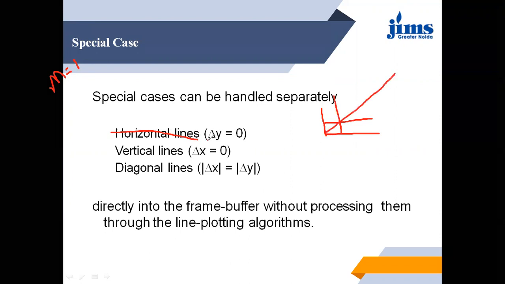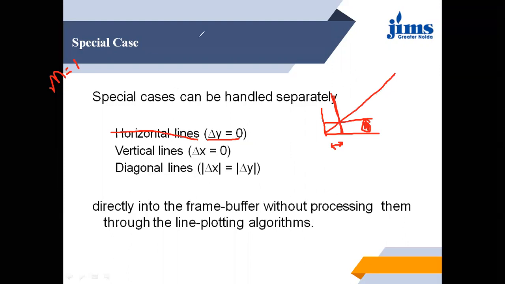In horizontal lines, the value of delta y is always 0. And in a vertical line, the value of delta x is always 0. While in the case of a diagonal line, the values increase in parallel.